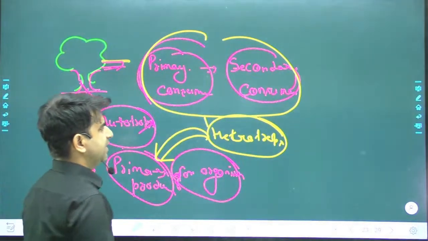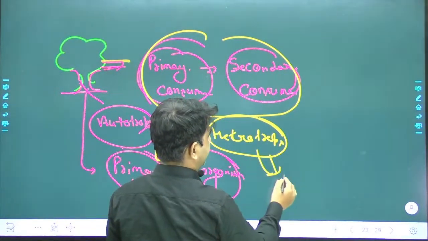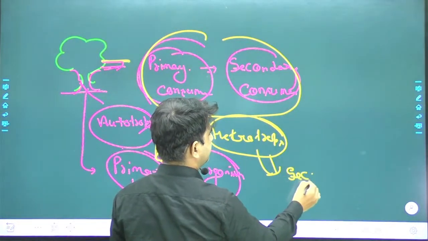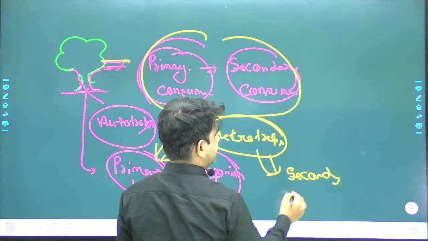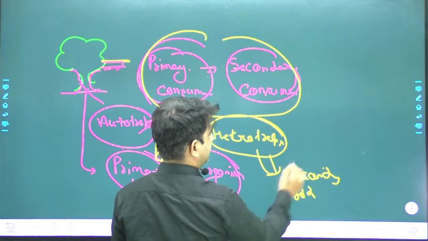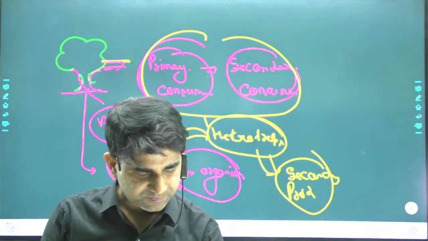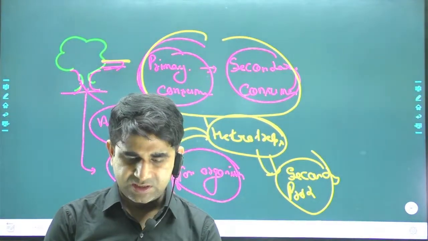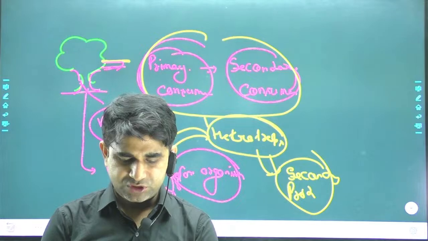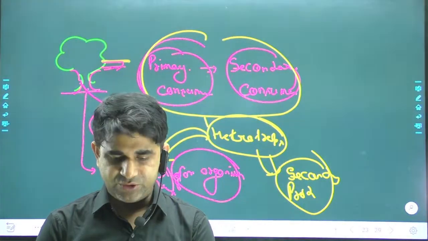So we can say it makes the secondary product. Now I think it's clear to you. Now we'll move to the next question. Many people are live there, but only some people try to attend the questions.